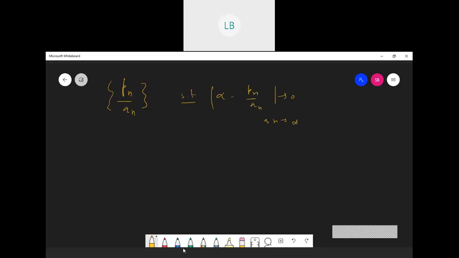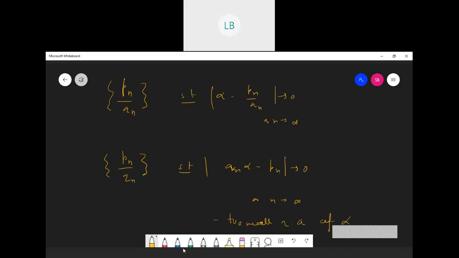Now if Pn by Qn is a sequence of rationals such that Qn alpha minus Pn goes to 0 as n tends to infinity, then we call Pn by Qn a 2L rational approximation of alpha.